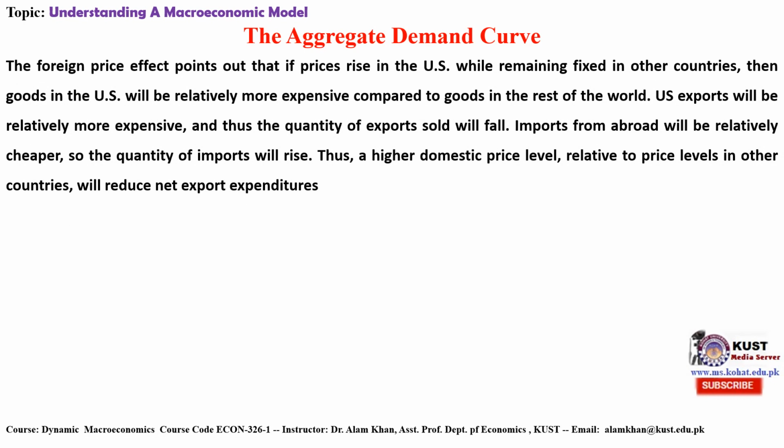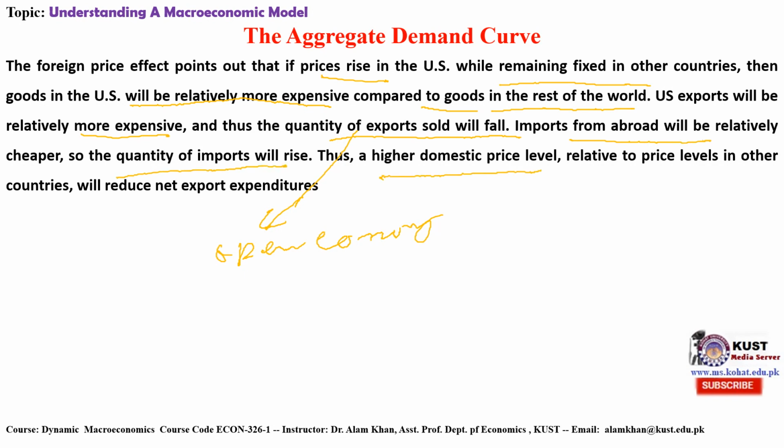The foreign price effect points out that if prices rise in the US while remaining fixed in other countries, then goods in the US will be relatively more expensive compared to goods in the rest of the world. Here they are talking about the open economy. So US exports will be relatively more expensive, thus the quantity of exports sold will fall. Imports from abroad will be relatively cheaper, so the quantity of imports will rise, thus a higher domestic price level relative to the price level in other countries will reduce net export.